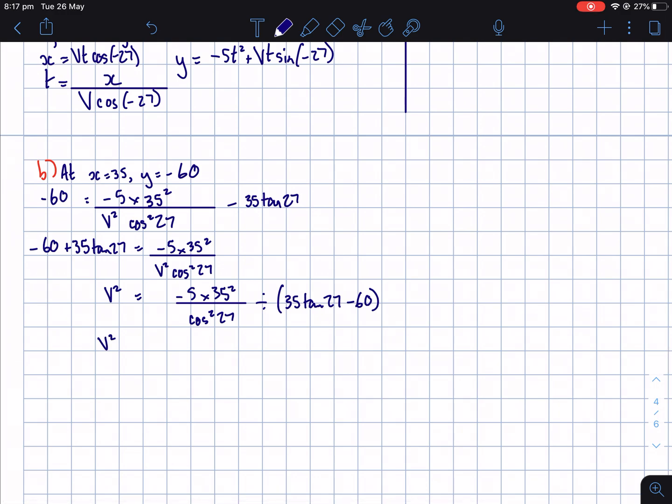So v squared equals, I'm just going to put that in my calculator, I'm over it. It probably comes out, no, sine and cos 27 is not going to be nice. So there's no point holding out for something nice algebraically.